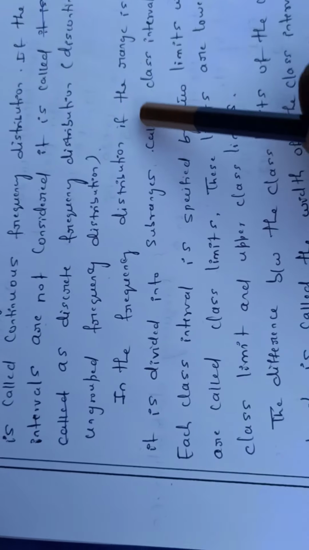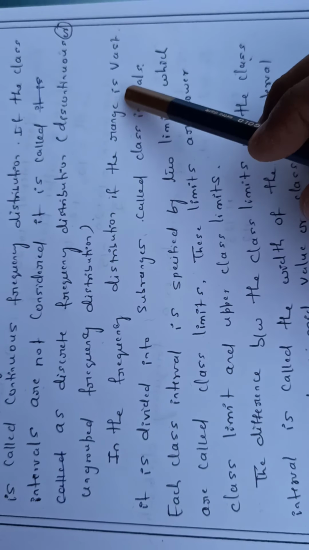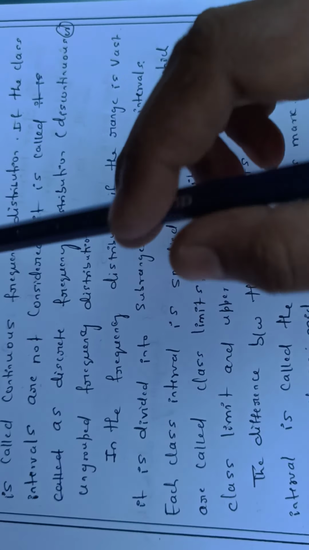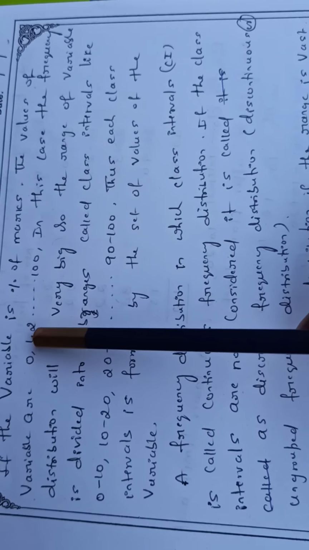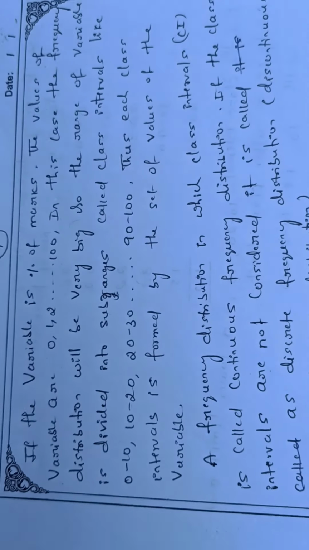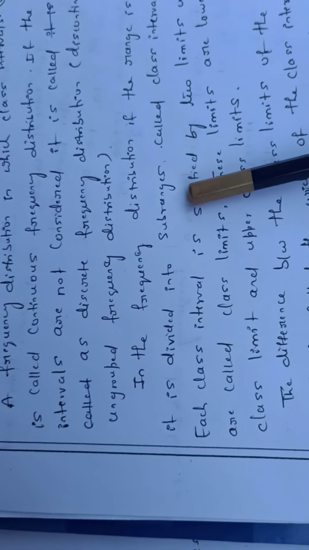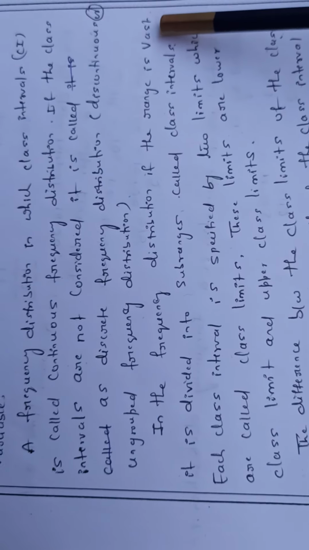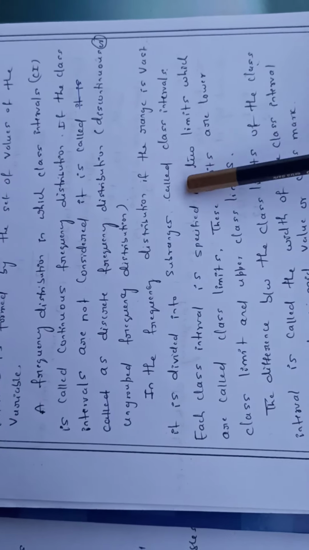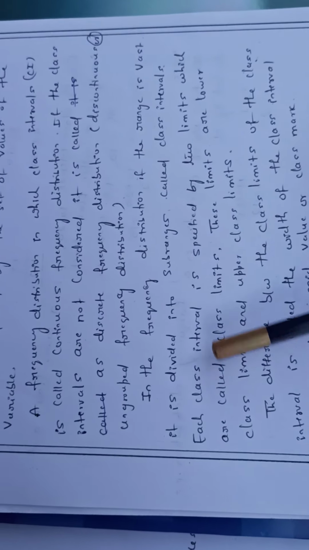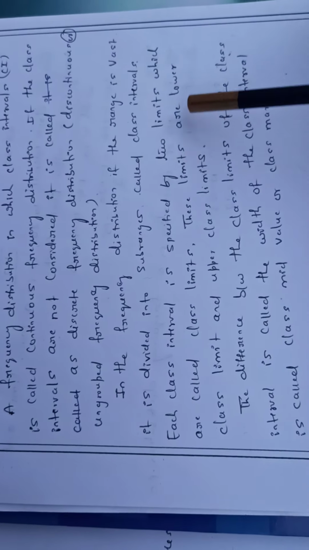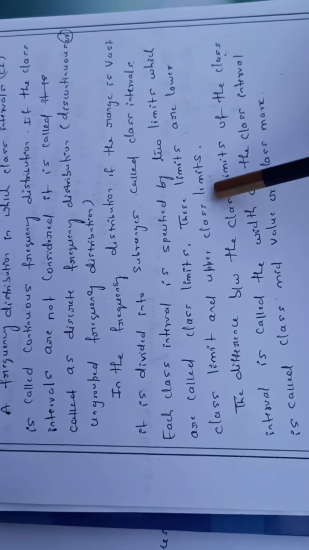In a frequency distribution, if the range is vast, it means if it is very big, then it is divided into sub-ranges. The same thing is said here. These are called class intervals, and each class interval is specified by two limits, which are called class limits: the lower class limit and the upper class limit.